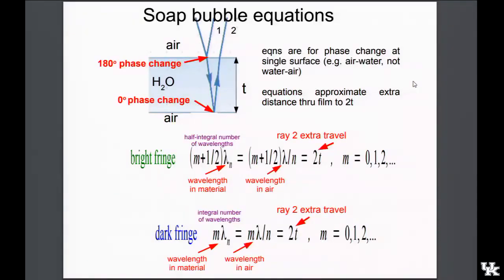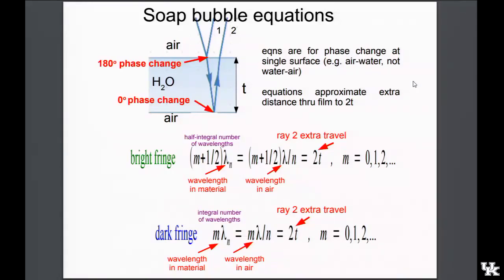Here are the two equations. These are the equations that parallel the two equations for the two-slit experiment. We remember we have one for bright fringes, one for dark fringes. Here we've got one for bright fringes and one for dark fringes on the soap bubble.